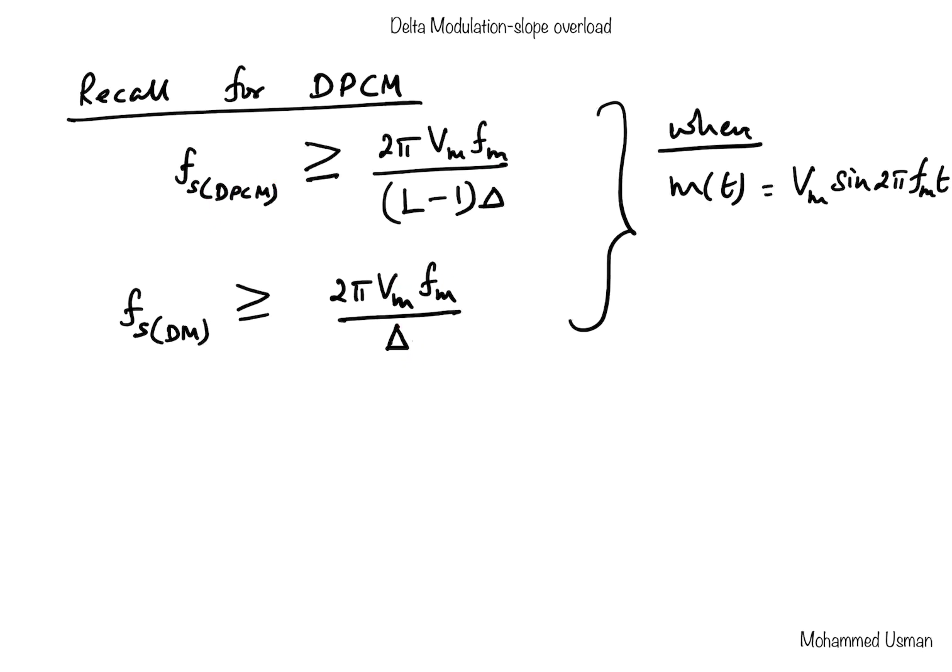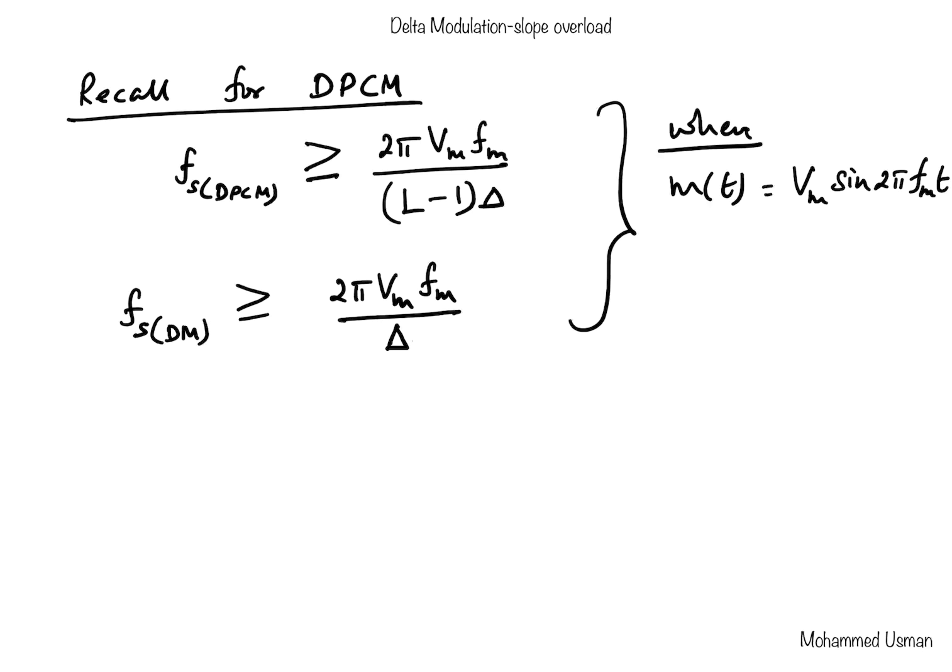But in practice, usually the number of quantization levels is going to be more than 2. So it could be 8, 16. If it's a speech signal, it's going to be like 256 quantization levels, and so on.